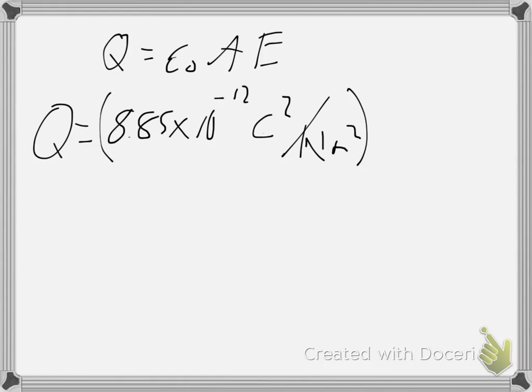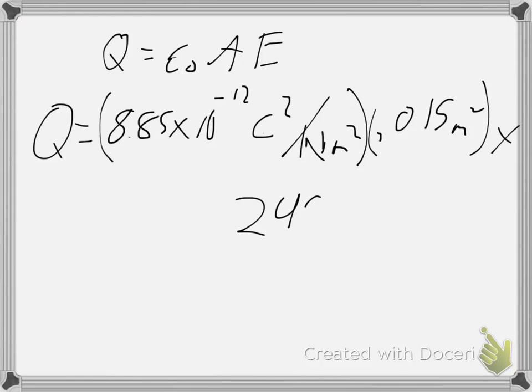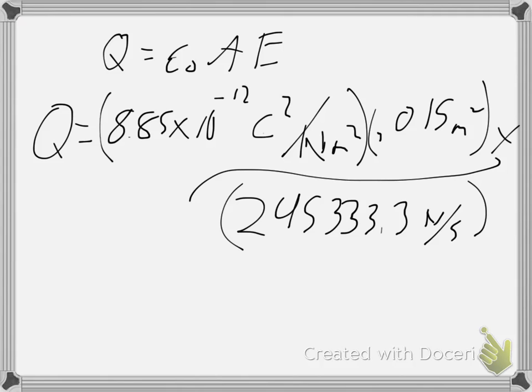They'll be later, but not for today. The area is 0.015 meters squared. And that electric field is going to be 245,333.3 newtons per coulomb. Put that down there and draw a little arrow right here because I ran out of space.